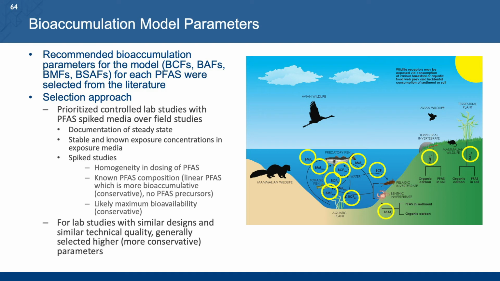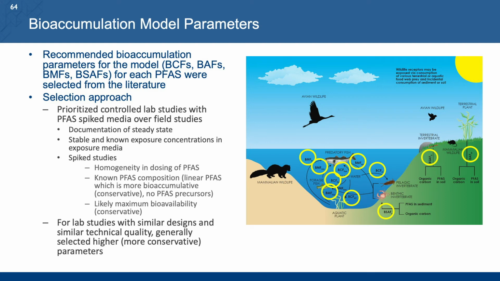We really looked at using spike studies because of the homogeneity in dosing of PFAS, known composition of PFAS, so knowing that the linear PFAS was used instead of branched, which tends to be more conservative because it tends to be more bioaccumulative, whether or not there were precursors present, having a good understanding of all of those. And also, freshly spiked studies do tend to be more bioavailable compared to field studies or PFAS that's been in AFFF that's been sitting in soil for the last 60 years.